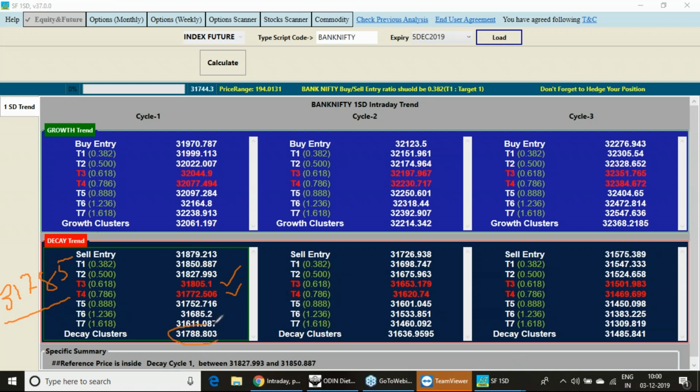Decay cluster was 31,789. As I told, Sachinji has asked what the decay cluster and growth cluster are. Decay cluster is the maximum support. It touched 31,785, 2 to 3 points below the decay cluster, found support, and from there it reversed.